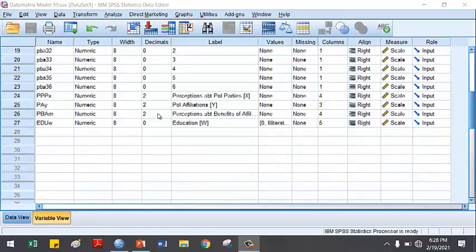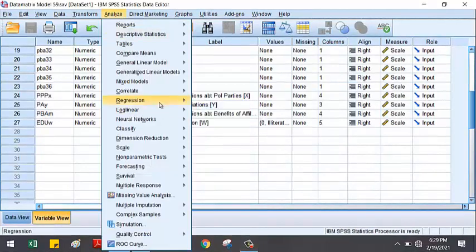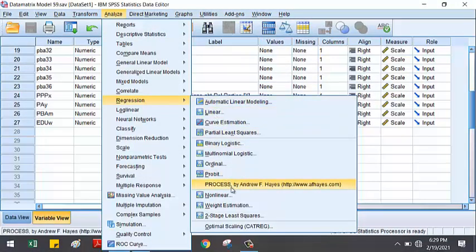This is the database we shall use for processing and using Model-59 to get the results for testing the hypothesis and answering the research questions about the relationships of a simple mediation model, which is also affected by a moderator at three paths of the model, path A, B, and C prime. So let's go to process the statistics.